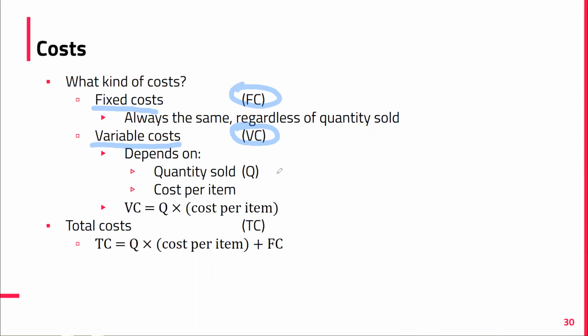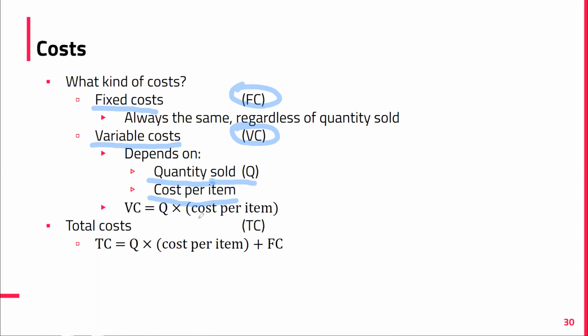Fixed costs are just some number, you just add everything up. Variable costs are the cost per item. So you know what those costs are, and then you multiply that by quantity sold. This might seem a little odd.